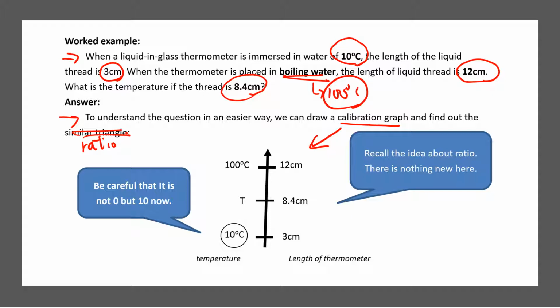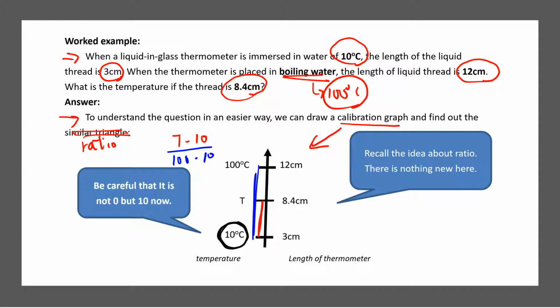Okay, let's take a look at it. To tackle this problem, the only thing that we have changed from before is this 10 degrees Celsius. Initially it's 0, but now it's 10. Still, the idea is the same. First of all, you have to make this ratio. On the left hand side, the red one is t minus 10 and the blue one is 100 minus 10.